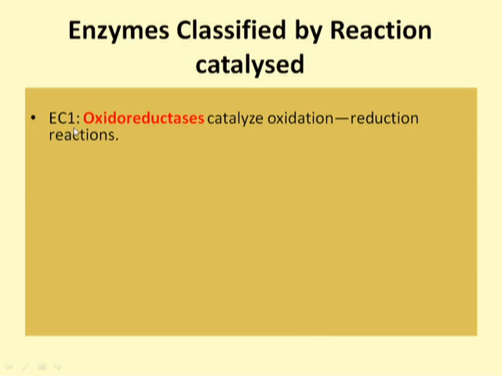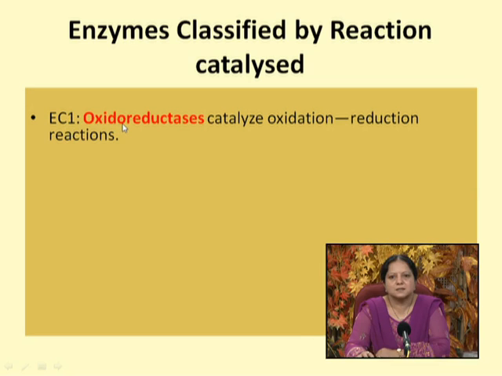This EC number is in a particular order because that number is going to determine which particular class the enzyme belongs to. So the Enzyme Commission gives a unique 4-digit number to each enzyme, of which the first digit indicates the broad class to which the enzyme belongs.